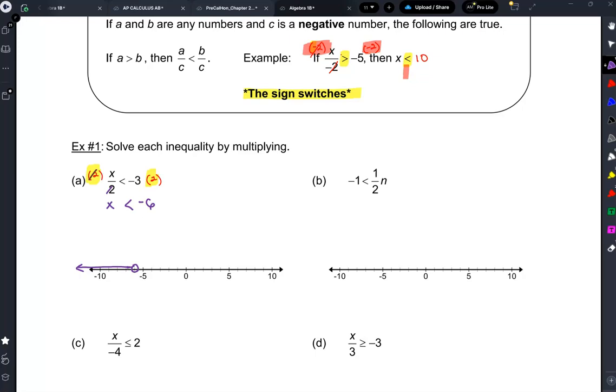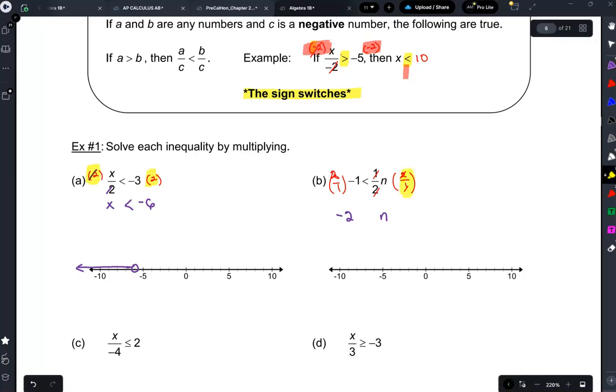Okay, now let's do this one. What am I going to multiply both sides by? 2 over 1, right? It's 1 over 2. I'm going to multiply by 2 over 1. So here, this cancels. I have n. Here, what do I have on this side? Negative 2. Now, switch the sign or keep the sign? Keep. Why keep?